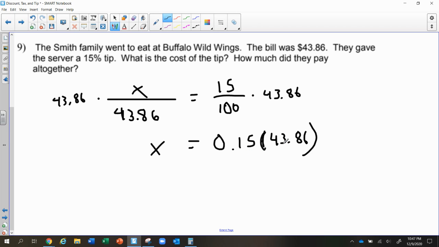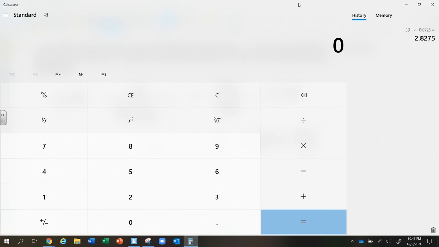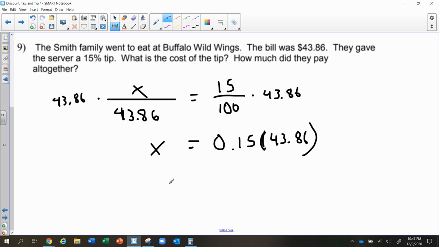So 15% times 43.86. That's another one I'm going to do in my calculator because that's not something I want to multiply by hand. So I'm going to do 0.15 times 43.86 equals 6.579. So I'm going to write that all down.